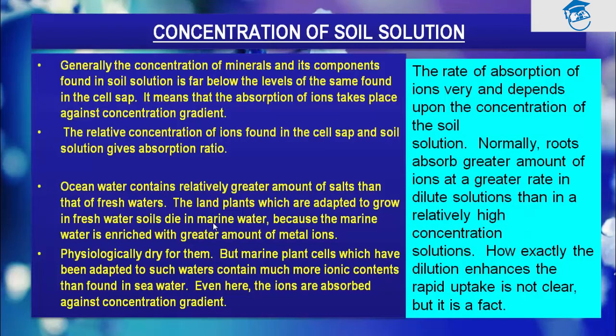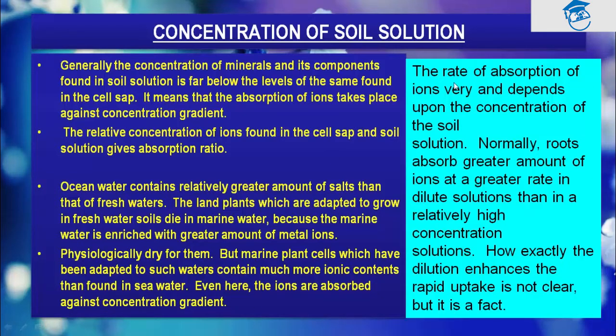That means land plants, your terrestrial plants, cannot grow in marine water, because marine water is enriched with a greater amount of metal ions, which is physiologically harmful for them. But marine plant cells which have been adapted to such waters contain much more ionic content than is found in seawater. Even here, ions are absorbed against the concentration gradient.